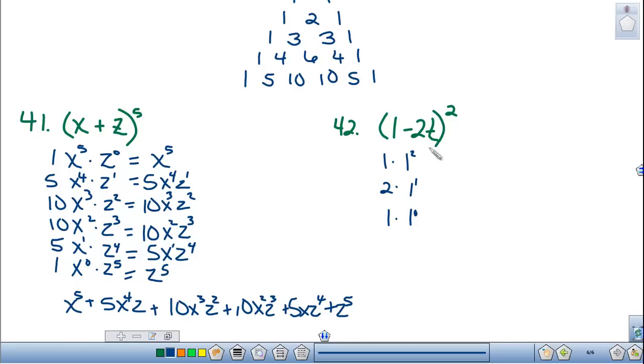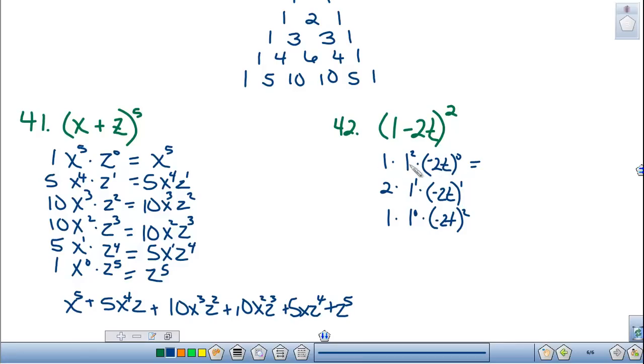Now here's the tricky part, this t right here and this negative. So that's going to be times negative 2t to the 0 power, and times negative 2t to the first power, times negative 2t squared. And then when we simplify each row, these ones can disappear, and actually this is also equal to a 1.